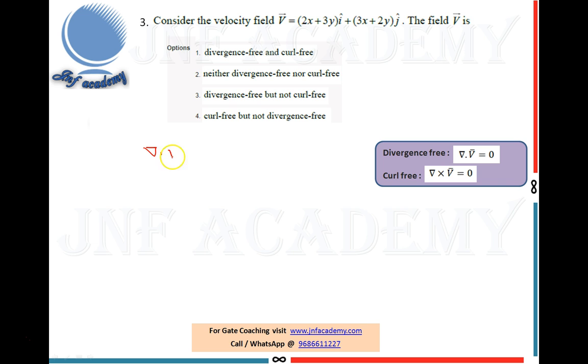Del dot V vector. Del is the vector operator: i vector ∂/∂x, j vector ∂/∂y. What is the V vector? (2x + 3y) i vector plus (3x + 2y) j vector.